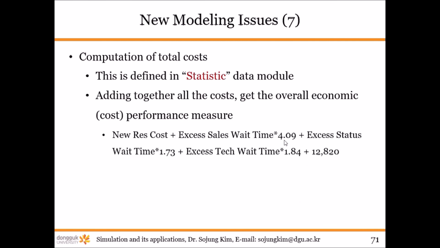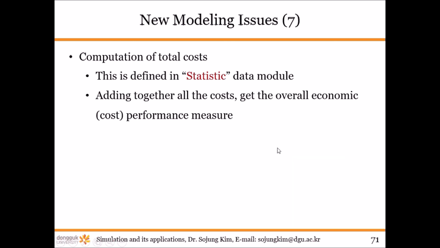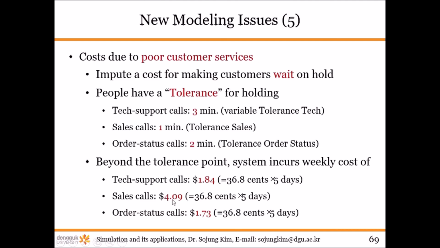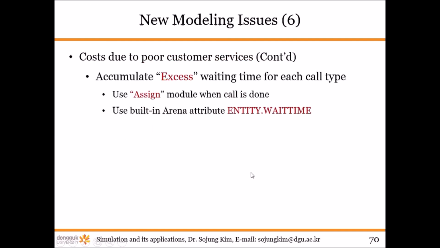So at the end, you can calculate the cost. In the statistic, you can put the operational cost: excess sales wait time multiplied by 4.09, which was given in this slide for sales calls.